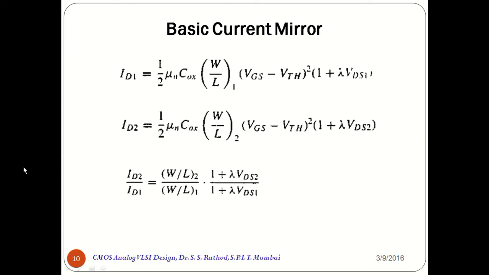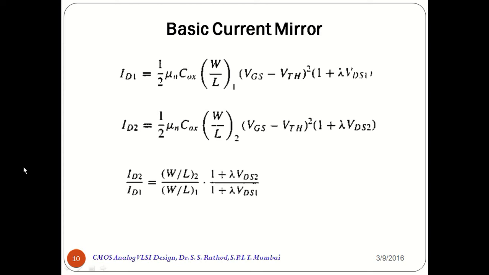So for the simple current mirror which we have discussed, we can write ID1 is equal to 1 by 2 mu n C naught x W by L of 1 VGS minus VTH square times 1 plus lambda times VDS1, if we consider the channel length modulation. And then similarly for ID2 is equal to 1 by 2 mu n C naught x W by L of 2 VGS minus VTH square 1 plus lambda times VDS2.